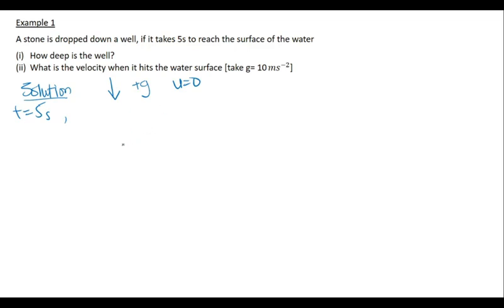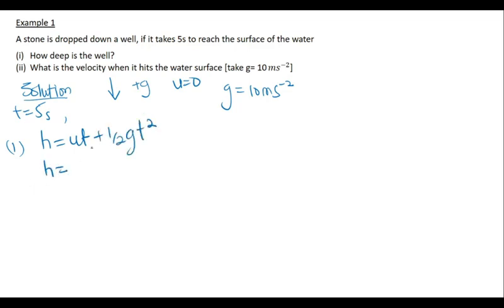Now that we are able to make this deduction, and we are being given gravity to be 10 meters per second squared, we can easily go ahead and calculate how deep the wall is. We use the formula that involves the height, which is h equals ut plus half gt squared.